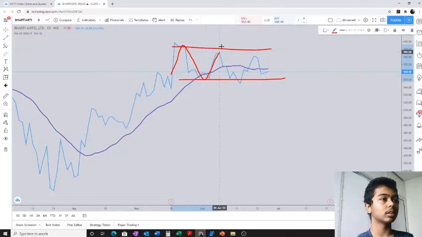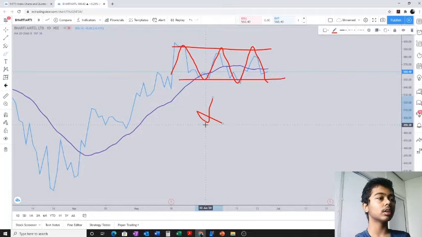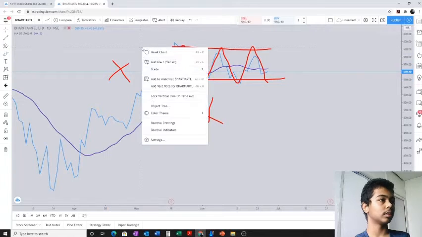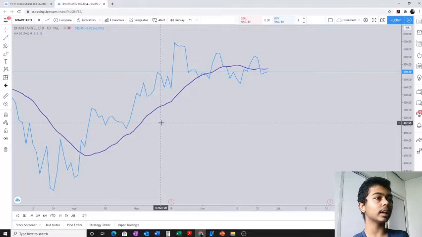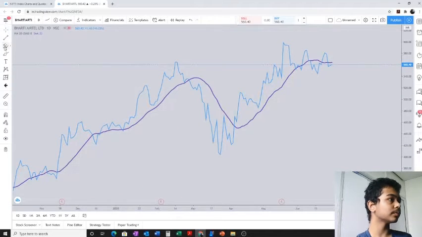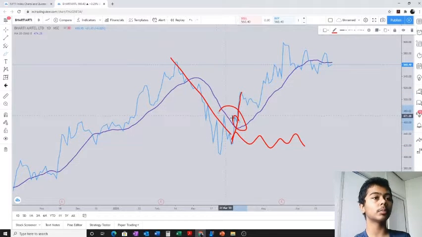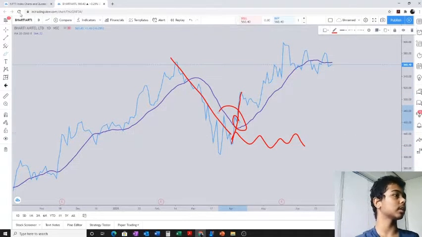When the market is sideways, you should not take a trade. You can use any other strategy, but this strategy you should always use when the market is trending. As you can see over here, this is the fall, and then it has not become sideways. It started moving up, and over here, if you would have bought it, it would have given around 30% returns.